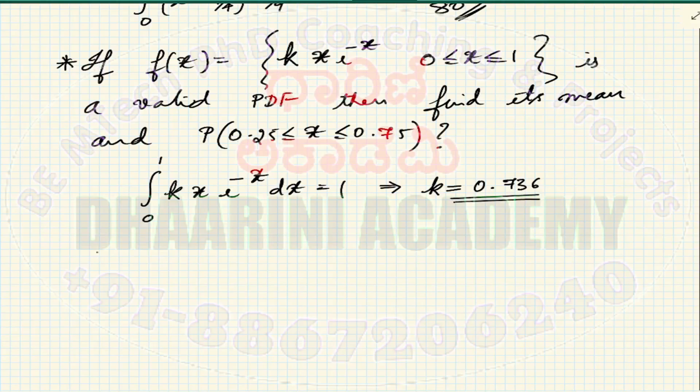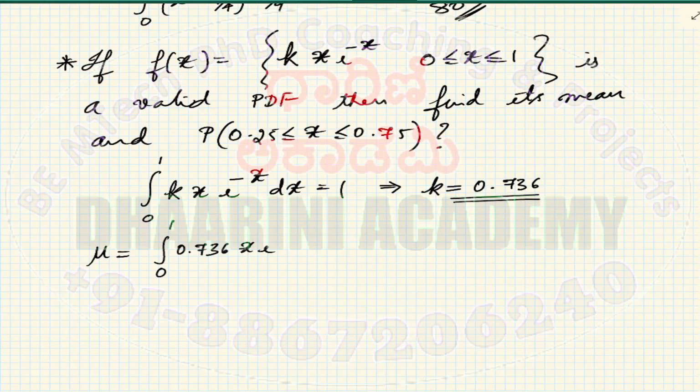So what is the equation to find the mean? Mu is equal to the integral from 0 to 1 of x into f of x, where the function has the k value, 0.736 times x.